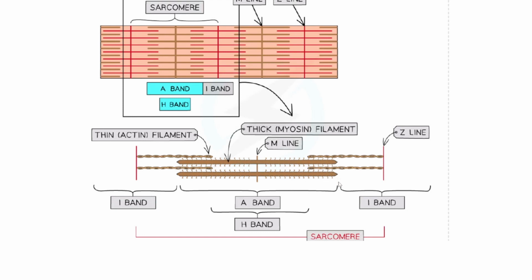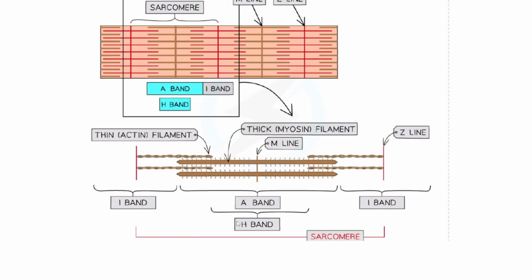So from the Z line till the part where the attachment starts, it's called the I band. One Z line and a thin filament. And over here also on the left side you can see thin filament and Z line. Always remember, it's called an I band.